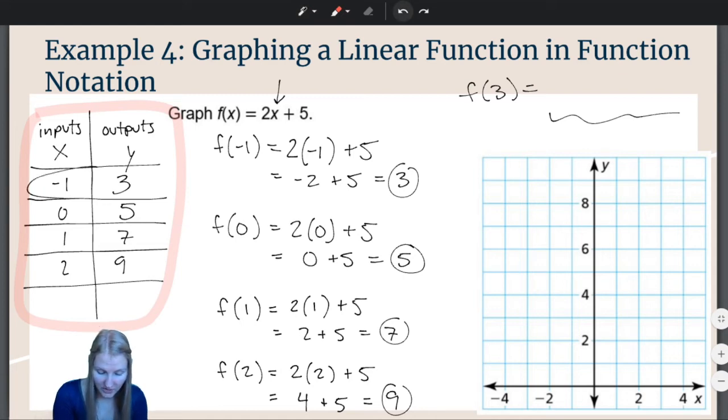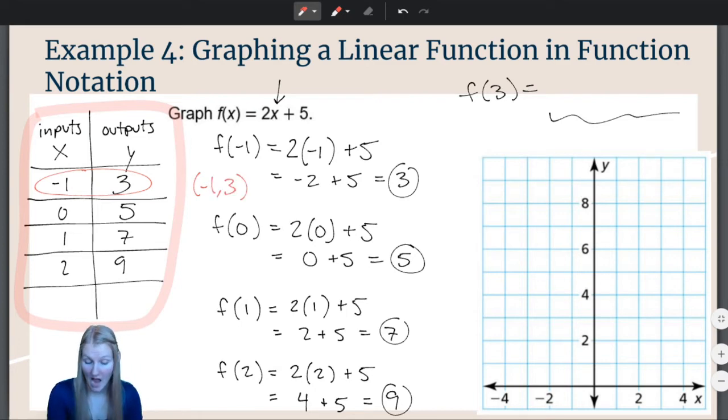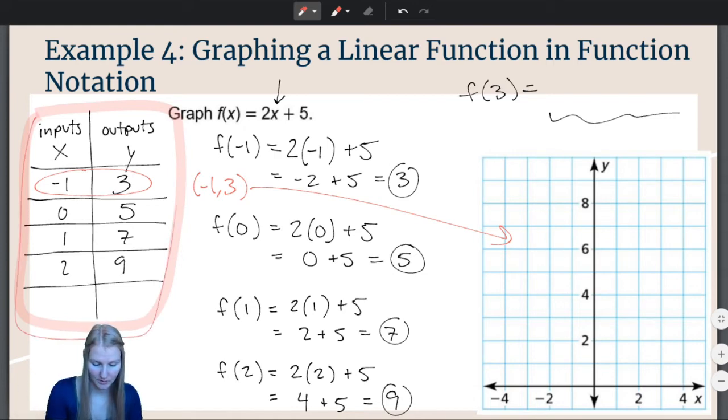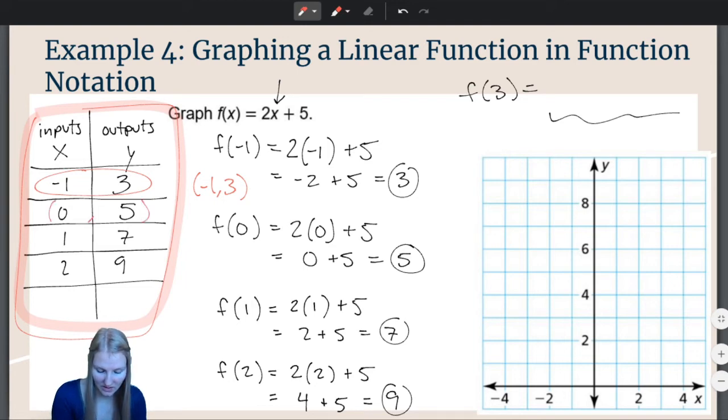So this set of inputs and outputs, and actually let me get a different color, this set of inputs and outputs becomes the point -1, 3. And I can put that point on my graph. That's why we made this table, so I can take all of these sets of numbers, input, comma, output, and put it on my graph.